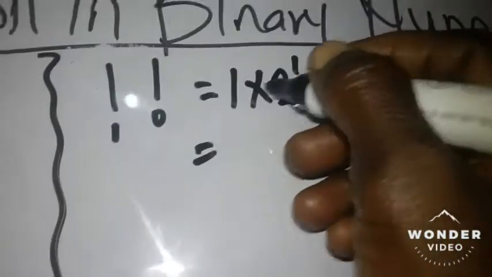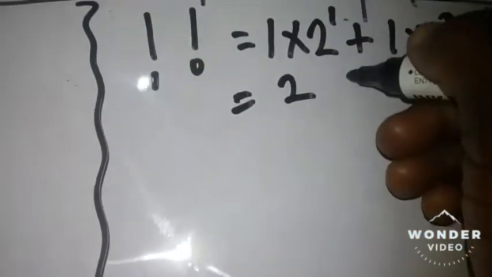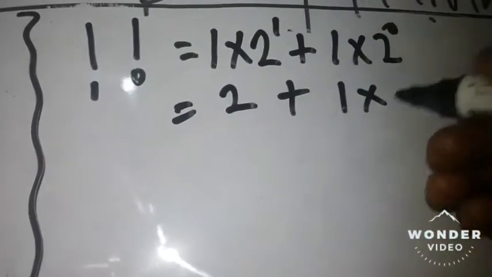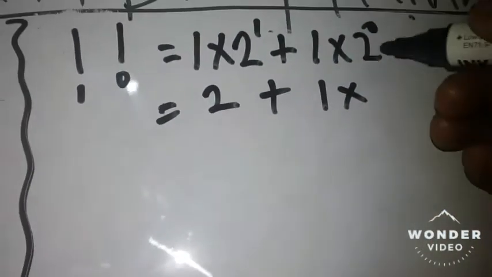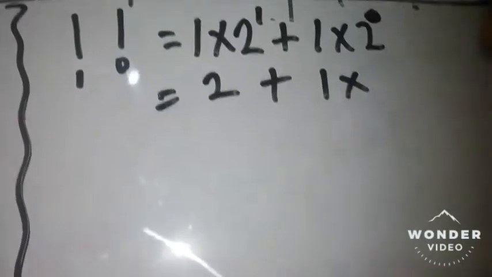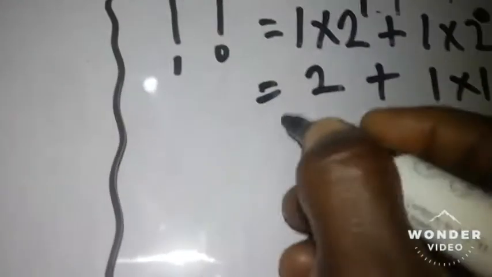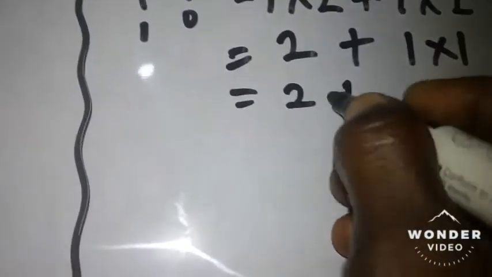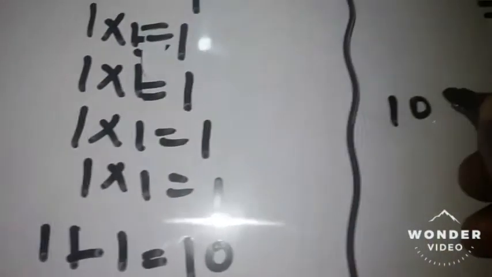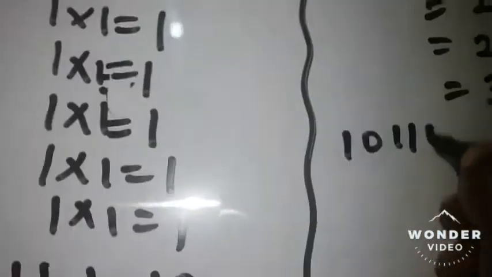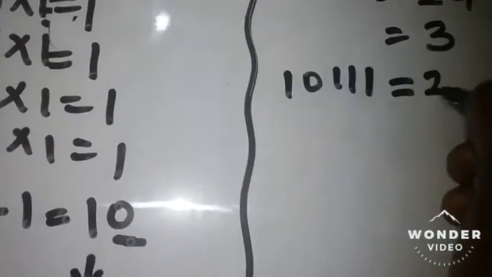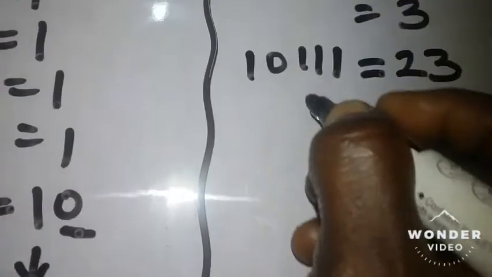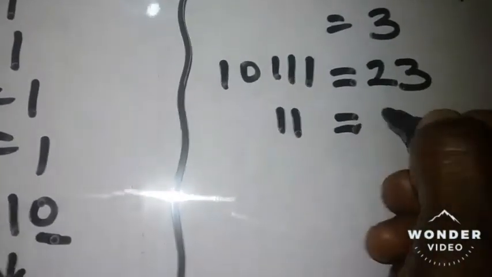So 1 times 2 is 2, plus 1 times, I told you in decimal form, anything raised to power 0 is 1. So we have 2 plus 1, that is 3. So the figure for 10111 is 23, while the figure for 11 is 3.